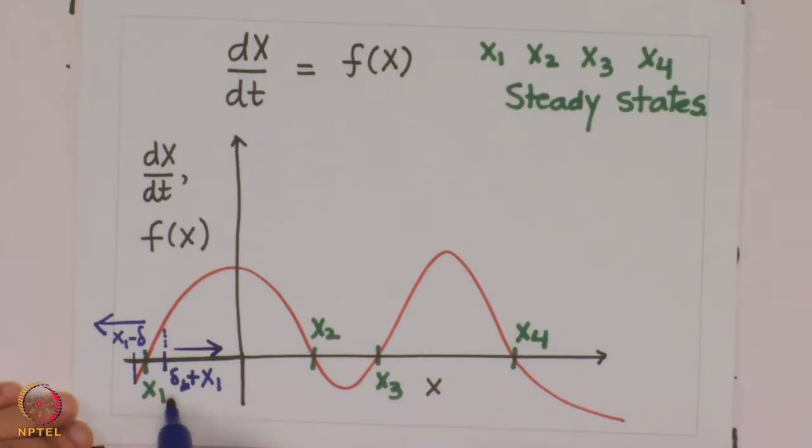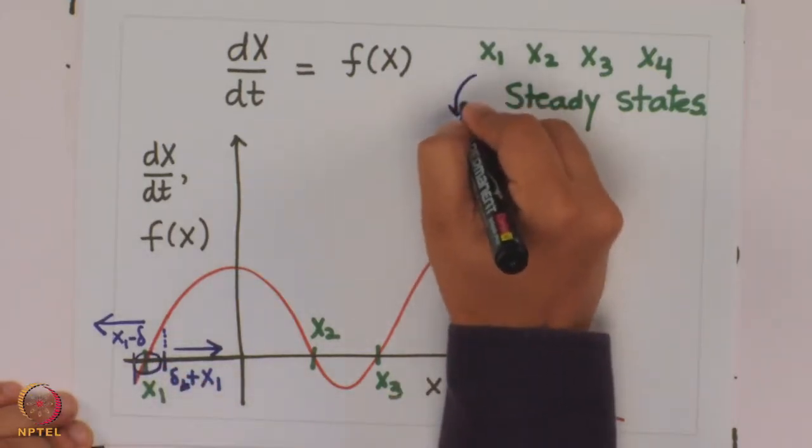So upon introduction of a disturbance in either direction at the steady state x equal to x1, the system wants to move away from this steady state, and hence this particular steady state x1 is unstable.